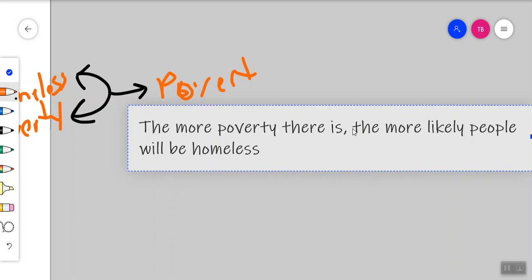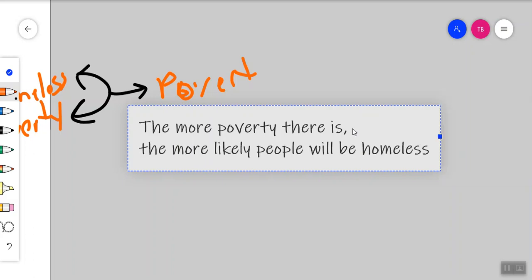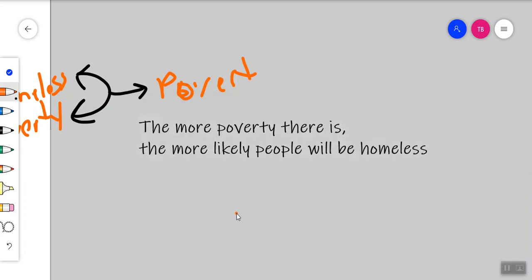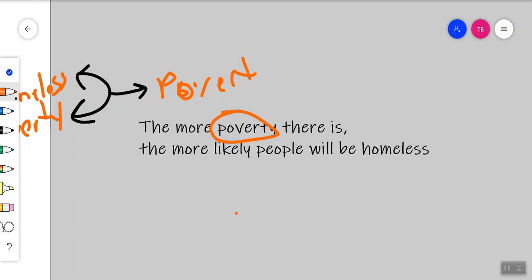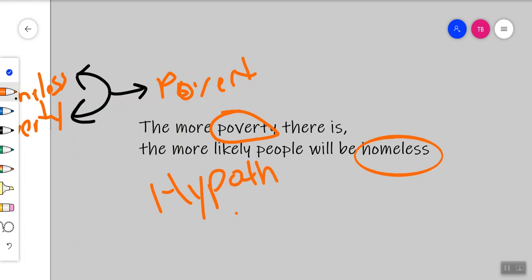If you were interested in looking at the idea of poverty and trying to see how it's related to homelessness, your hypothesis might be that if there's more poverty, there's going to be more homelessness, just because people are unable to afford paying rent, especially in Southern California, right?